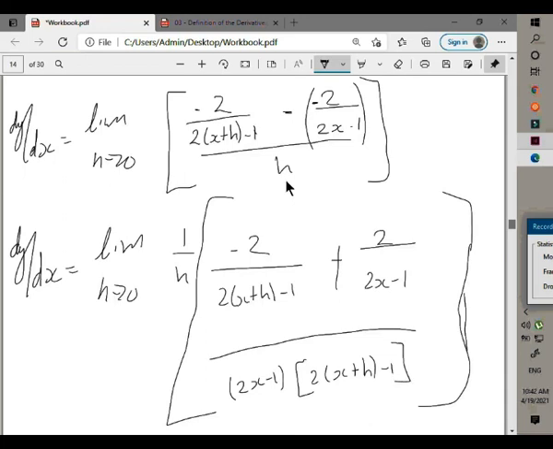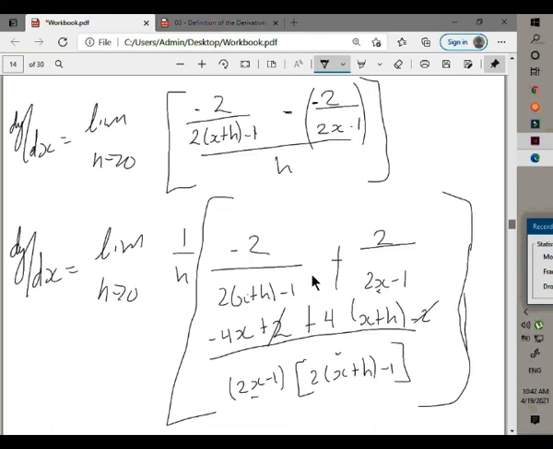So in working this out, I'm going to have this minus 2 multiplying what's here, because this and this will cancel out. So I have minus 4x plus 2. With this canceling out, I'm going to be left with plus 2 times 2, which is 4, open bracket x plus h, close bracket, minus 2.